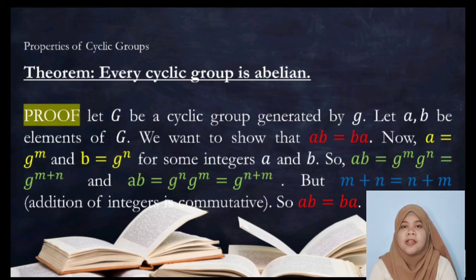But m plus n is equal to n plus m, since the addition of integers is commutative. So therefore, ab is equal to ba.